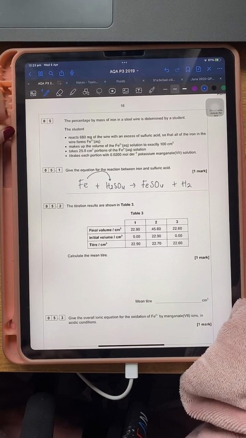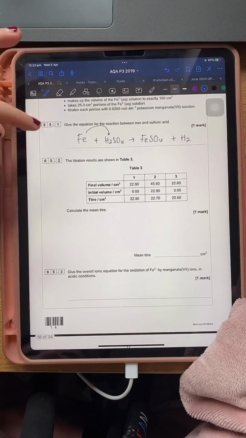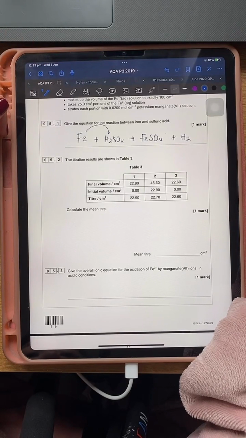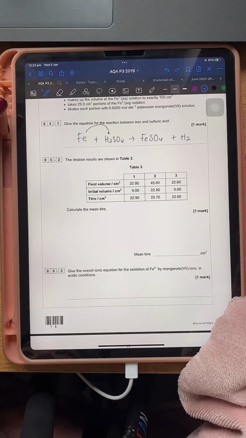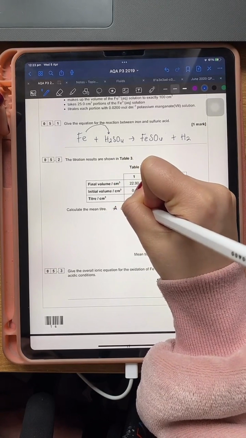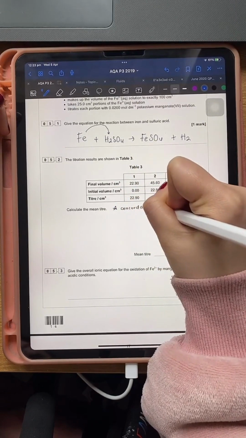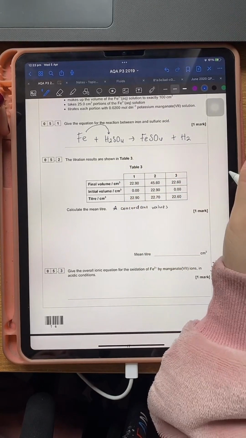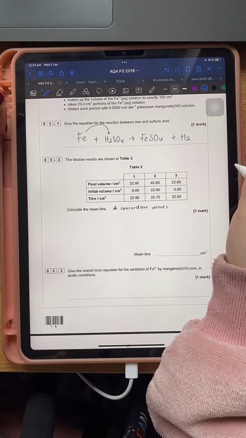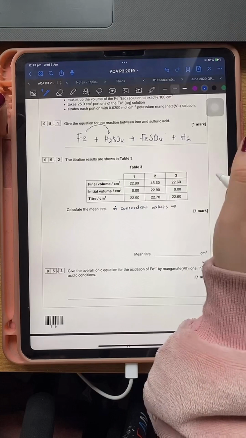The titration results are shown in table 3. Calculate the mean titer. So for the mean titer, you have to use concordant values. Can anyone tell me what concordant values mean? Yeah, within 0.1 of each other.